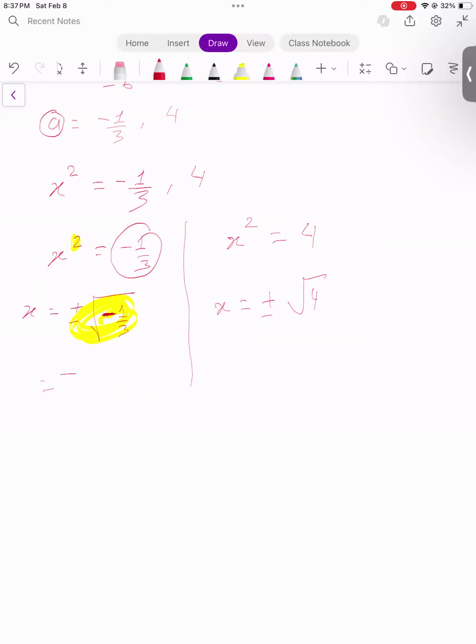We know how to rewrite this, so we can replace this negative by i square over 1 over 3 as it is, positive negative, square root of i square is i, square root of 1 is 1, and square root of 3 is square root of 3. On the other side, X equals positive negative square root of 4 is 2. And these are the four solutions.